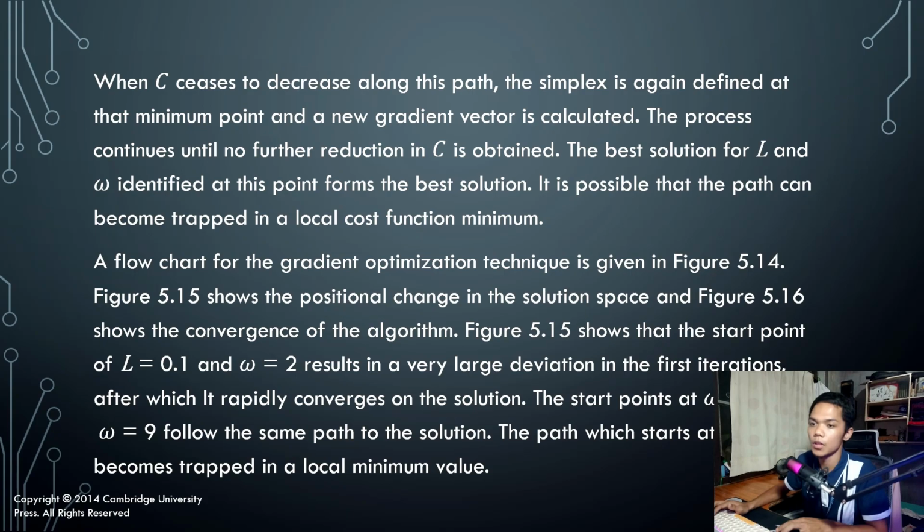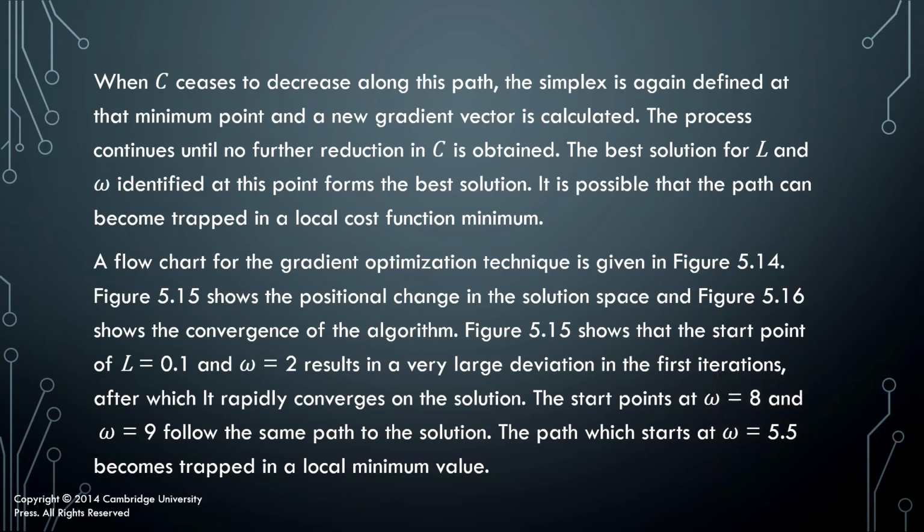Figure 5.15 shows that the start point of L equal to 0.1 and omega equal to 2 results in a very large deviation in the first iterations, after which it rapidly converges on the solution. The start points at omega equal to 8 and omega equal to 9 follow the same path to the solution. The path which starts at omega 5.5 becomes trapped in a local minimum value. Let me show that to you right now.